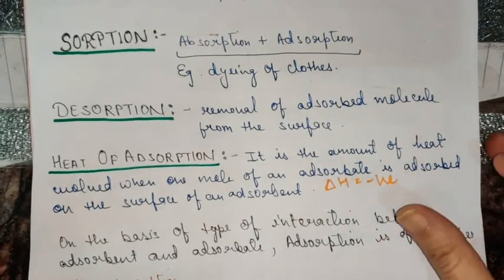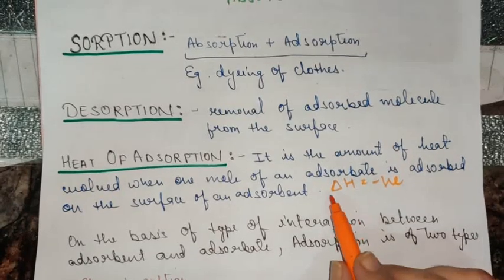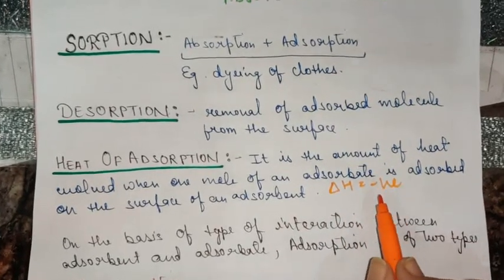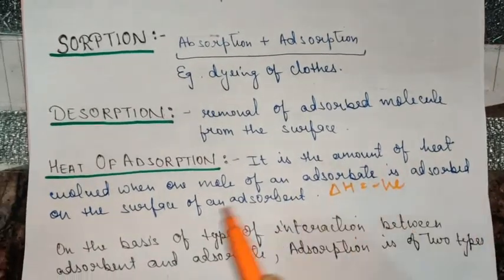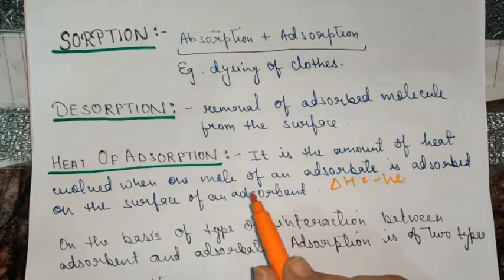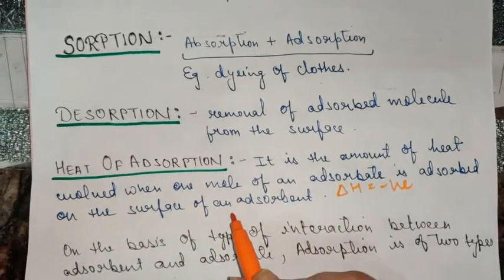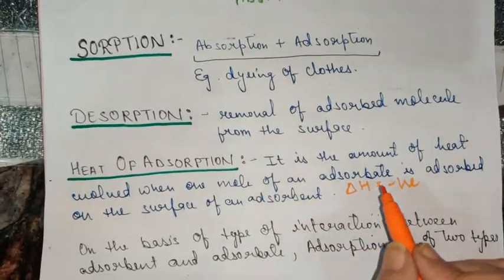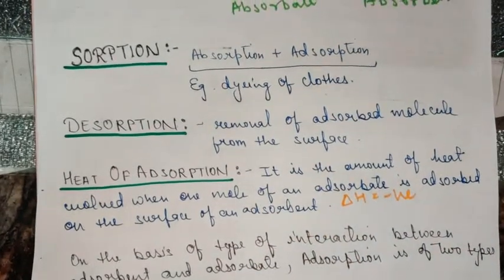You must have learnt it in class 11 in the chapter Thermodynamics, that for an exothermic process delta H value is negative, and for an endothermic process delta H value is positive. So heat of adsorption is the amount of heat evolved when 1 mole of an adsorbate is adsorbed on the surface of an adsorbent.